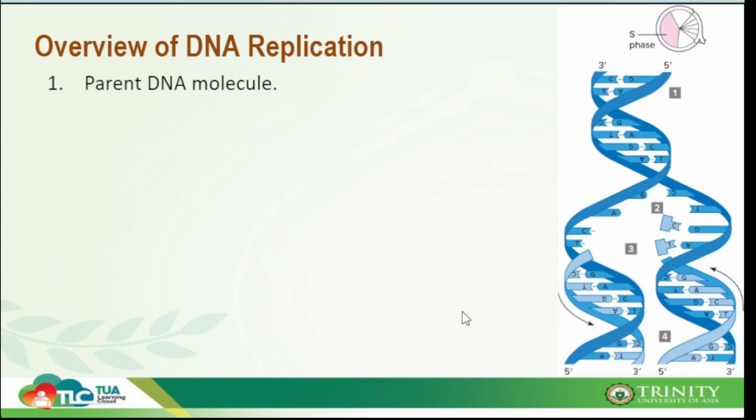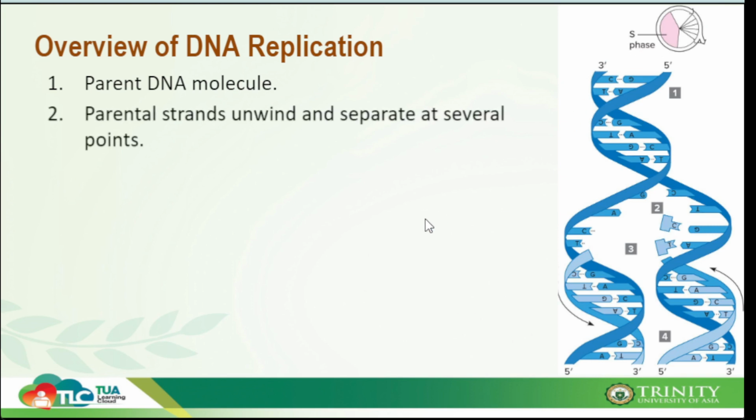Now, here is the overview of the DNA replication. First, we have the parent DNA molecule. Yun yung una. And then what happens is that the parental strand will unwind. When we say unwind, it will separate, and it will serve as a template for the new DNA that will be formed.